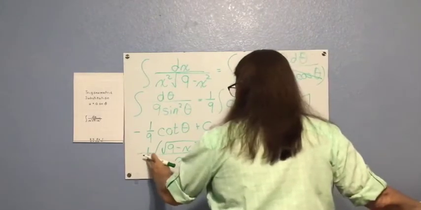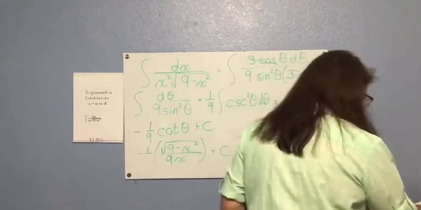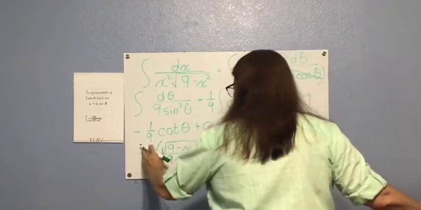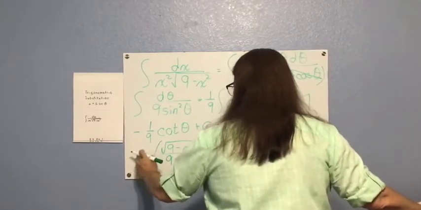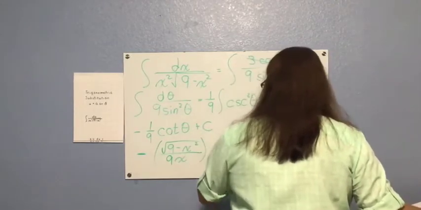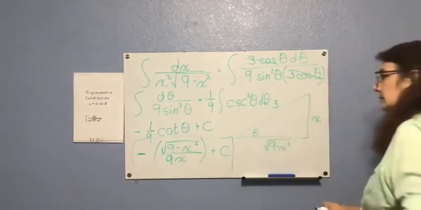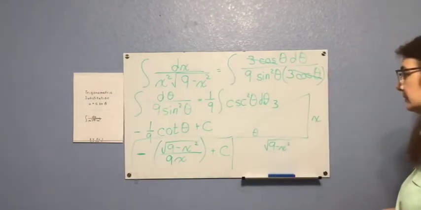Okay, and then I can just move this 9 in here with the x, and then I no longer need the 1 there. So that's integration with a trig substitution.